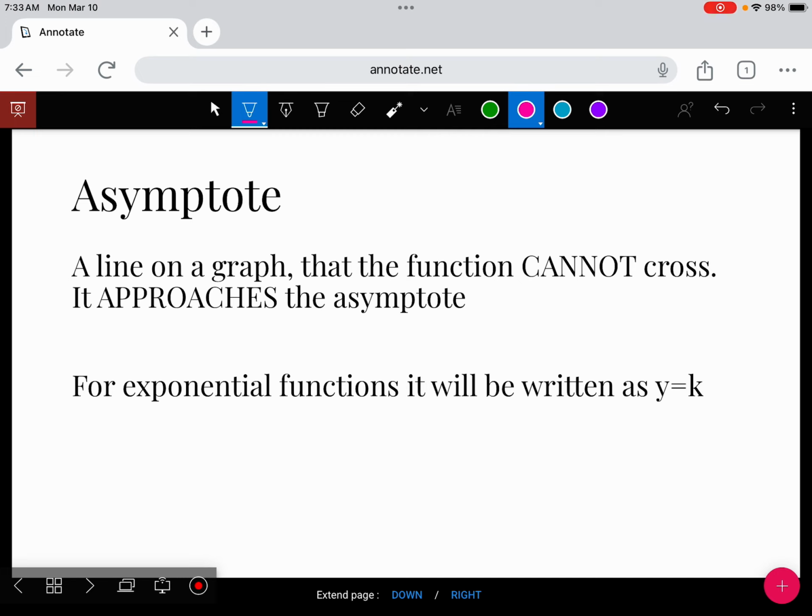Okay. All right. And what an asymptote is, it's like a wall. That is kind of my visualization for an asymptote. It cannot cross. Can't go through it. Can't go over it. Can't go around it. It is a wall.